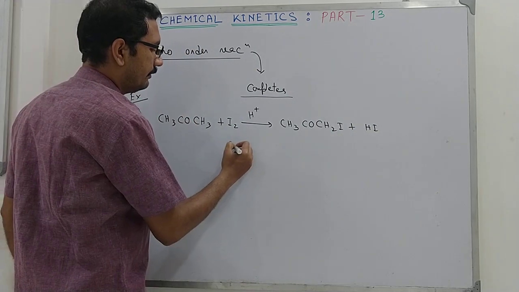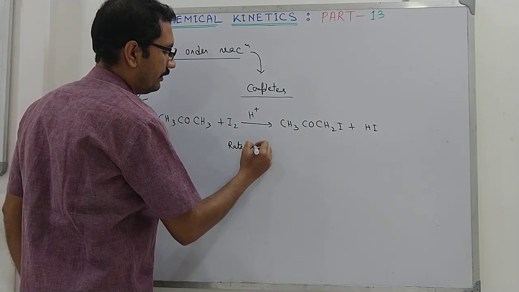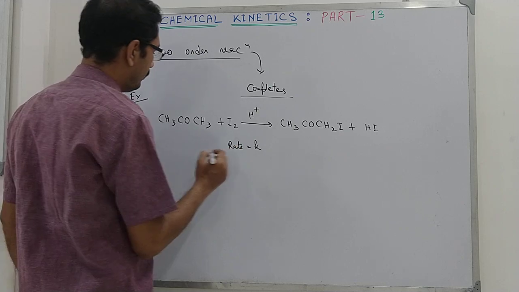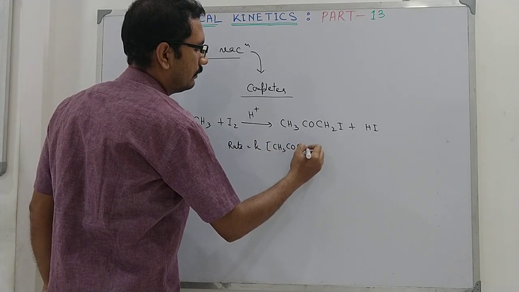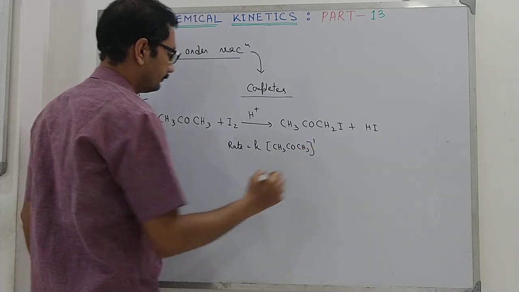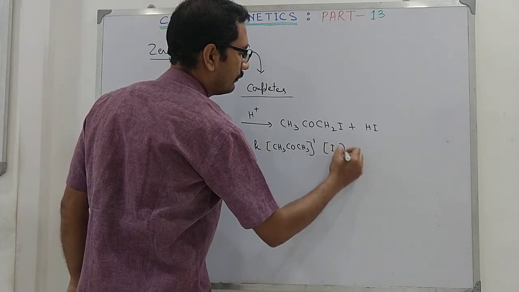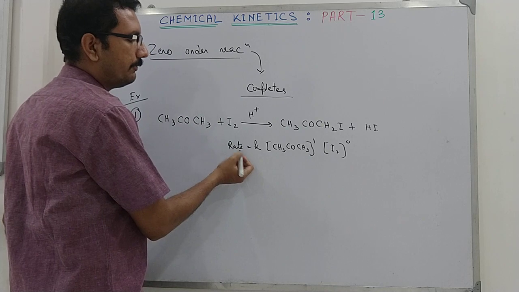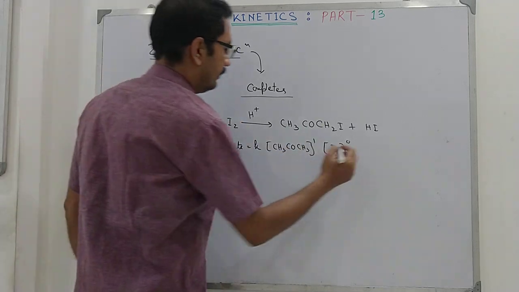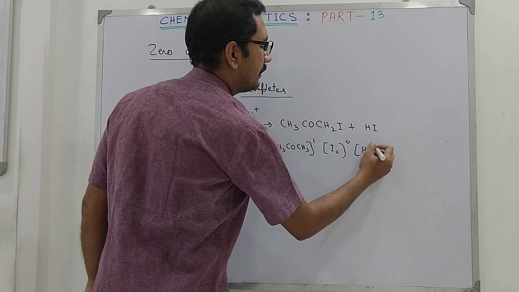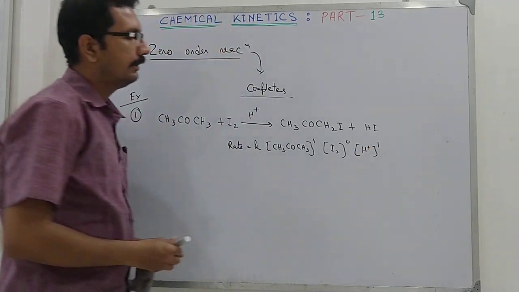Here you have the rate I have shown you in previous part, that the rate is first order with respect to acetone but zero order with respect to I2, and it is first order with respect to the acid.